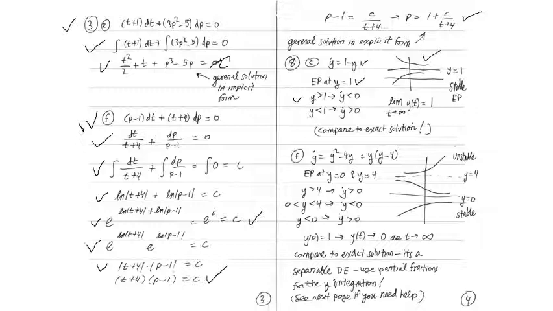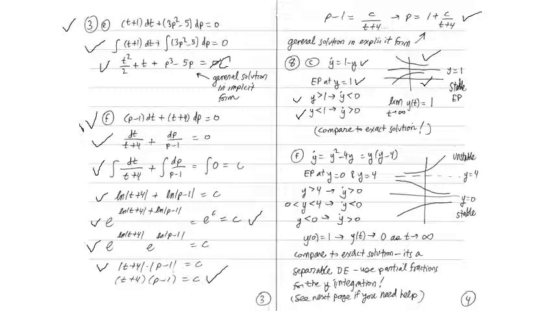If y is less than 1, on the other hand, again looking at the right-hand side of the differential equation, that's going to make the derivative positive, which will make our solution increase. So either way, we can see, even without solving the equation, our solution must approach the equilibrium at y equals 1.